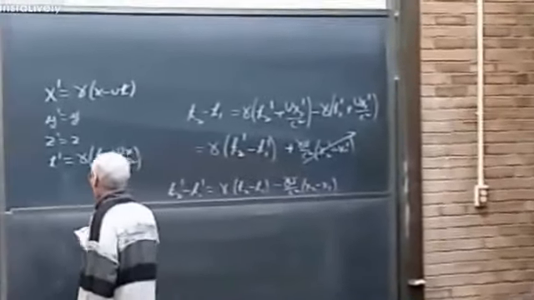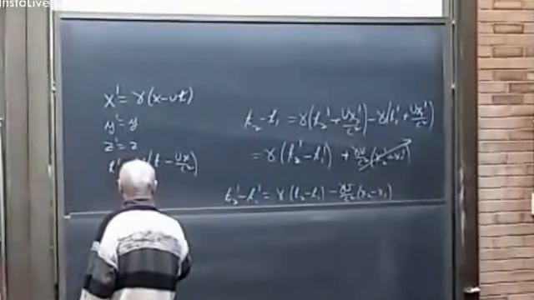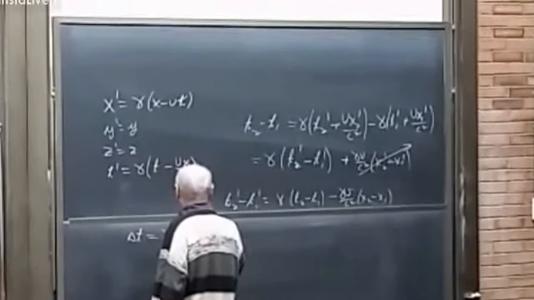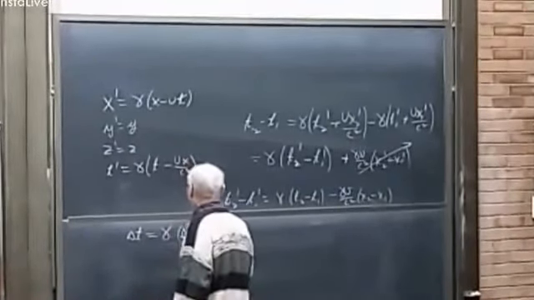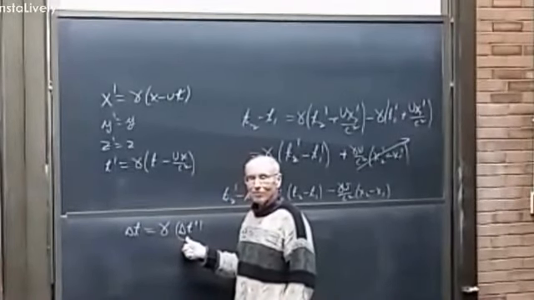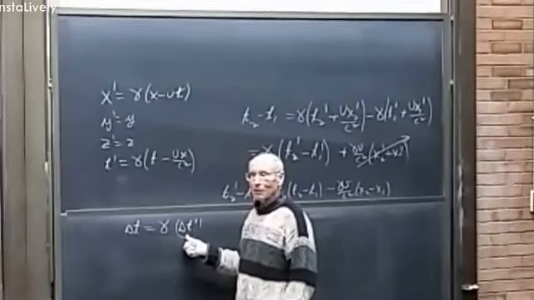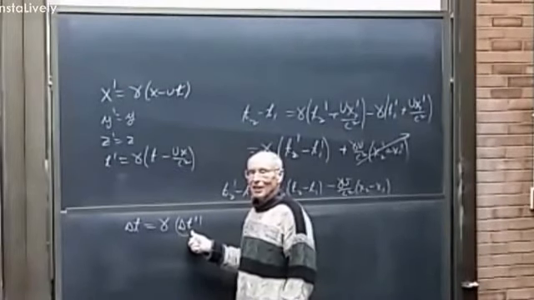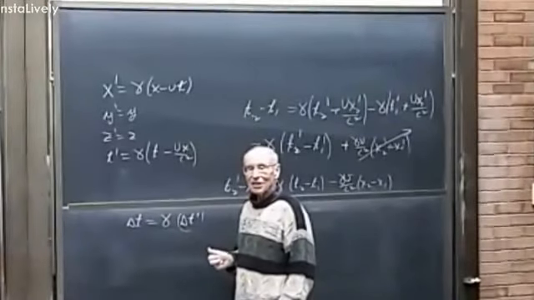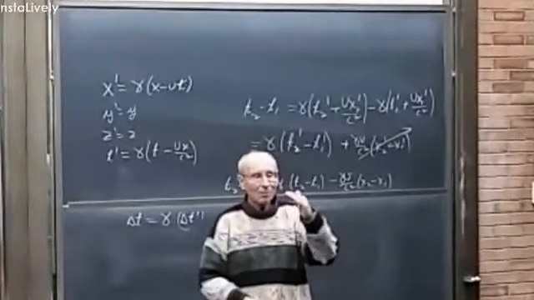And the delta t that you measure is gamma times delta t prime. In other words, it appears to you that I'm losing my appetite, because the time interval between cherry pies is now much longer as you see it than as I see it, and therefore I'm losing my appetite.